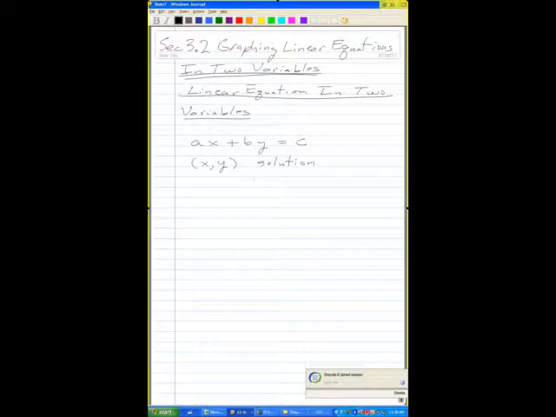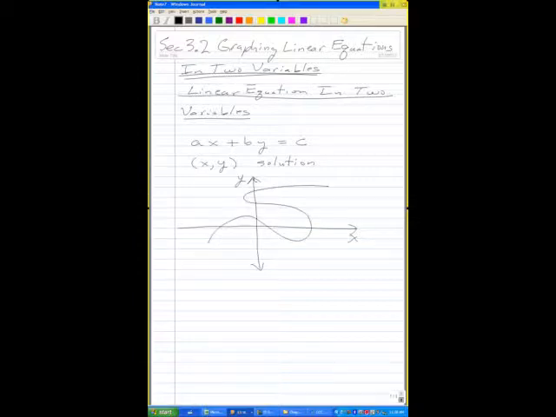Now suppose that we have some coordinate system, and suppose we have a curve relative to it.